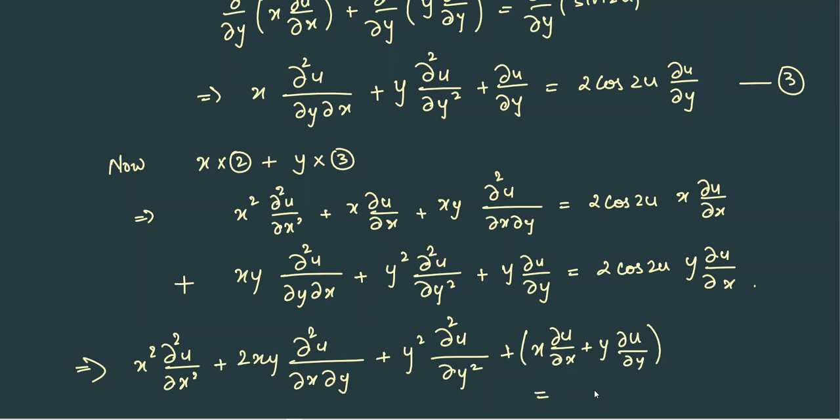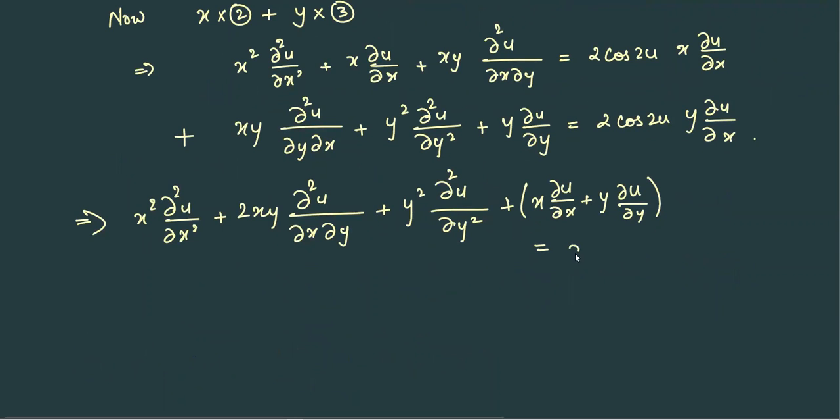On the right hand side, we get 2 cos 2u times (x ∂u/∂x + y ∂u/∂y).